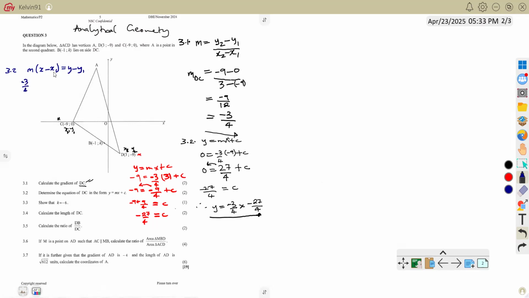Then our x there, if we decide to use this point, so it means our x is gonna be negative 9 minus, our x, you take it as it is.